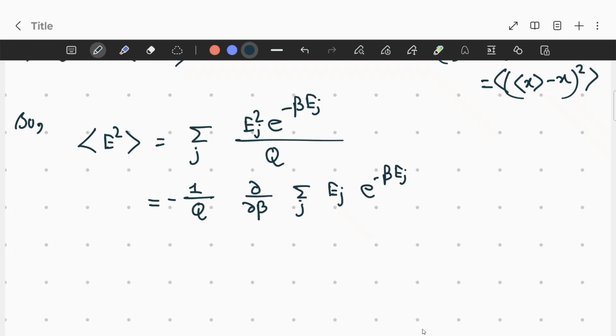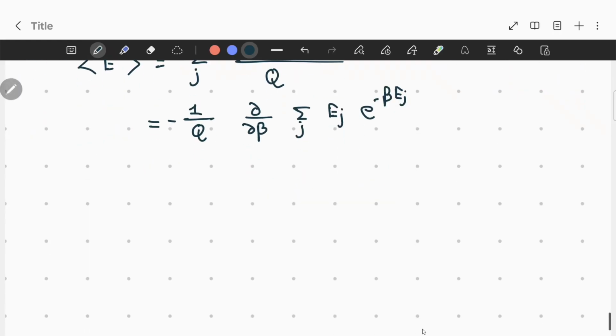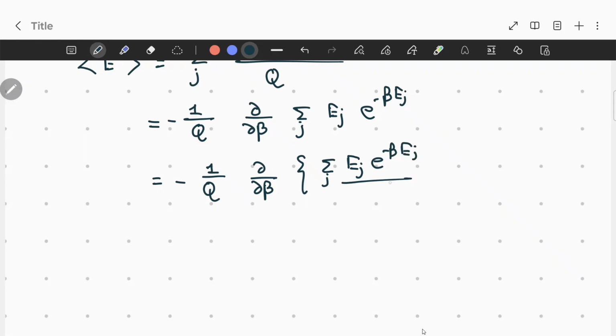Yes. If this is true, this is also true.